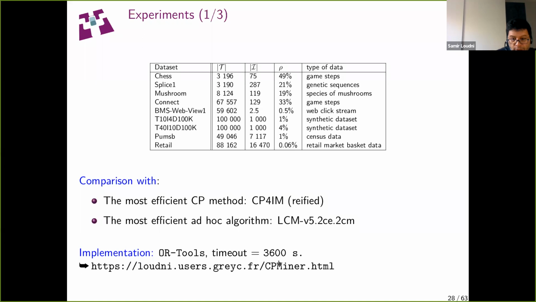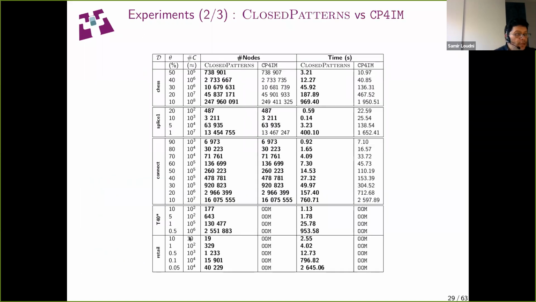So if we compare closed pattern, here we report for each dataset, we varied the frequency threshold. And for each instance, we report approximately the number of closed patterns mined.